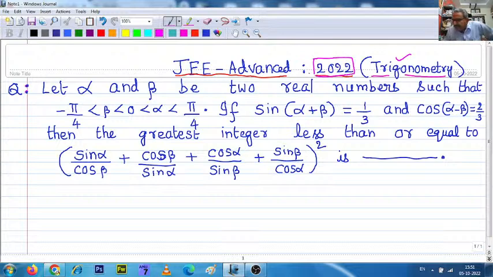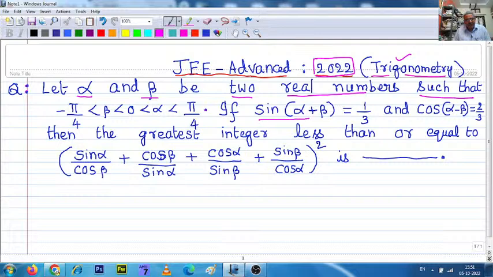See Tarun, welcome. First let me read the question, and all of you just go through the question also. Now don't try it yourself for this question. Let alpha and beta be two real numbers such that minus pi by 4 is less than beta, beta less than 0, 0 less than alpha, alpha less than pi by 4.